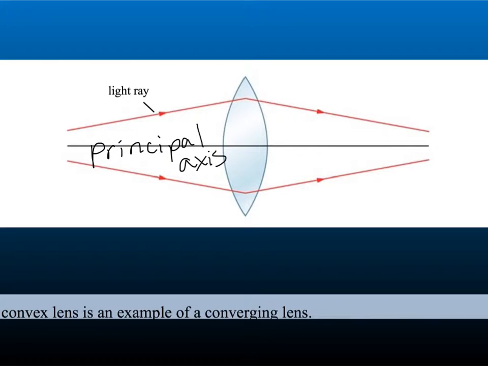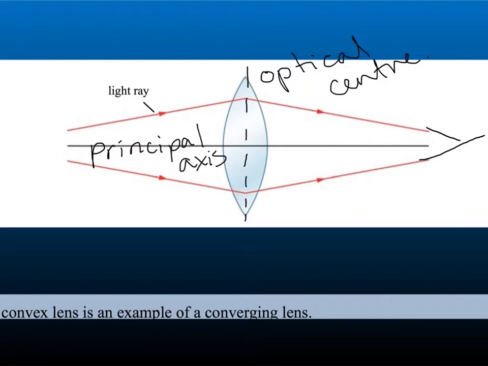We also normally draw this line through the centre of the lens, which is called the optical centre. Now we said before that the convex lens will eventually make the light rays converge, so if I carry that on and make them cross, there will be a point on the principal axis where those two lines meet.